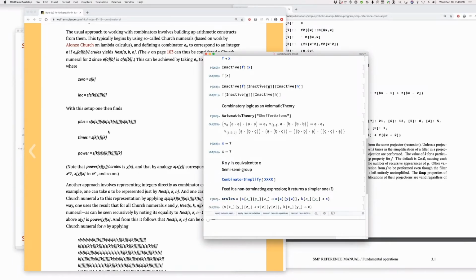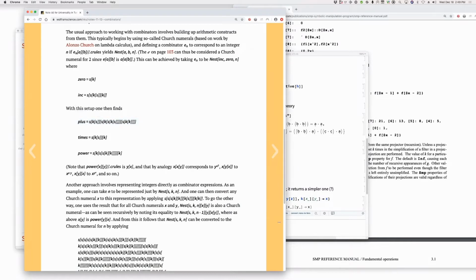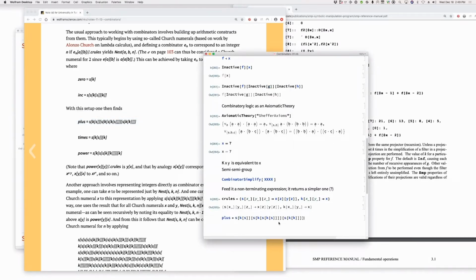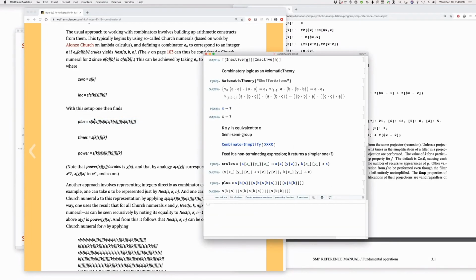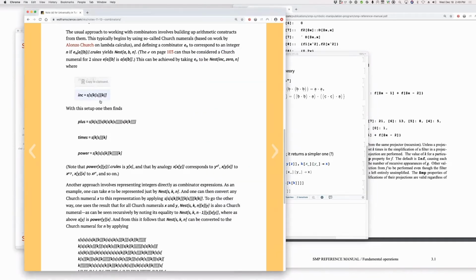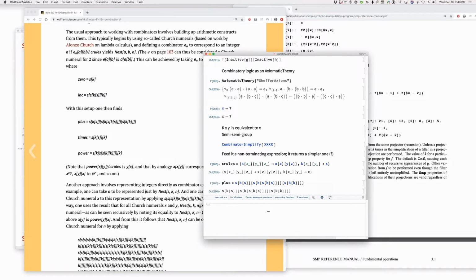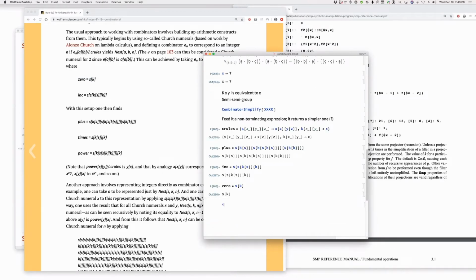And now we could do an actual combinator reduction for plus. Okay, so there's the increment operation. What we should get, there's the 0. So increment of 0, right?